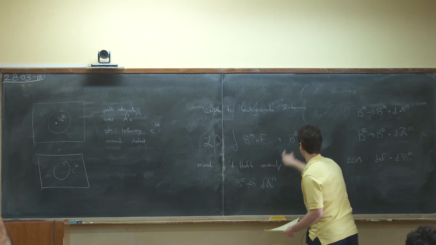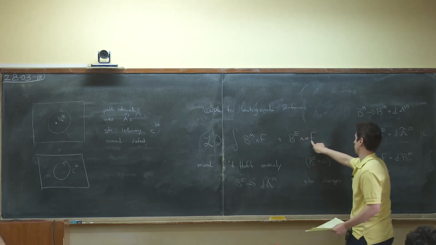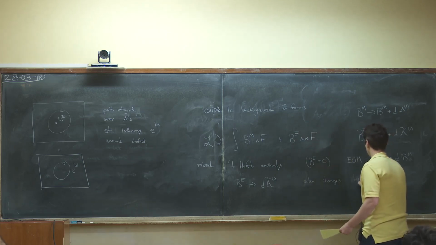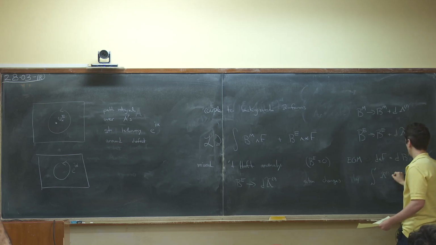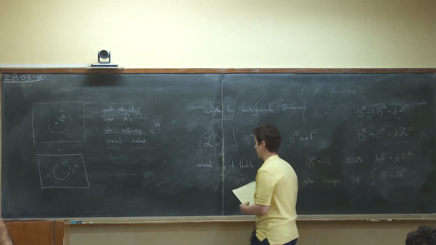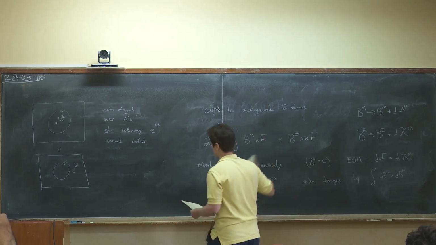If I plug in, I get d lambda tilde 1 wedge star dF. I can integrate that by parts to get the integral of lambda tilde 1 wedge dBm. So this is an anomalous transformation of the action. The action is not invariant under gauge transformations of both of these.